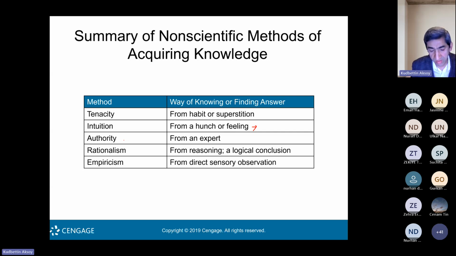You look at your options, and then you go with that. When you get sick, you see a doctor. When you go to a church, a mosque, a religious place, you submit yourself to authority. Rationalism and empiricism are seemingly closer to scientific methodology, but nevertheless, they have their own limitations.